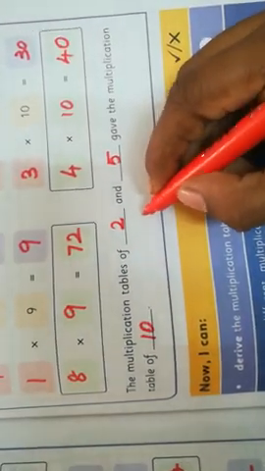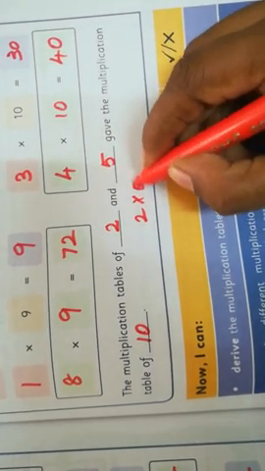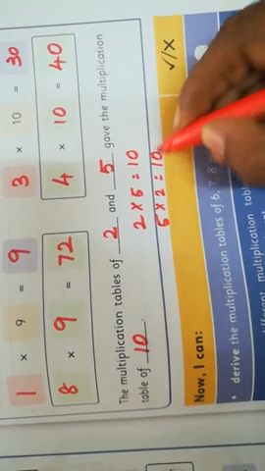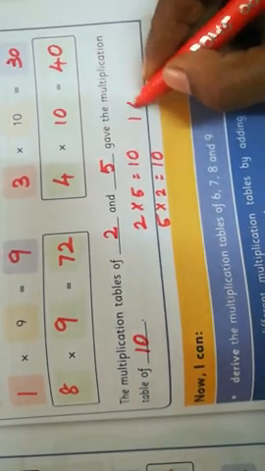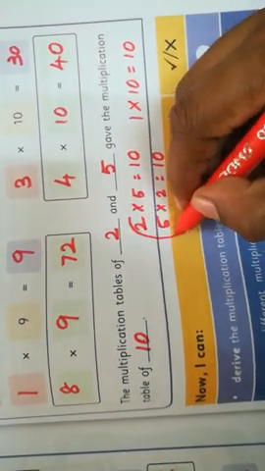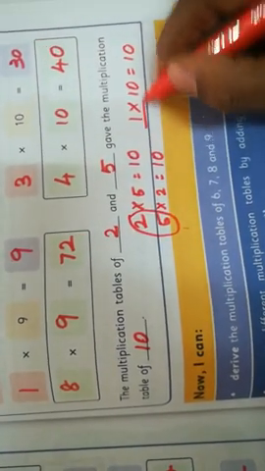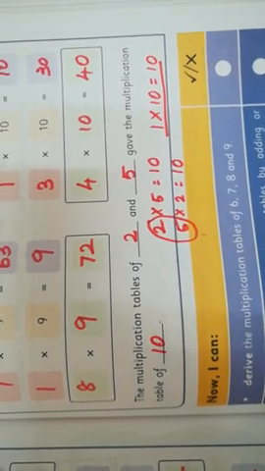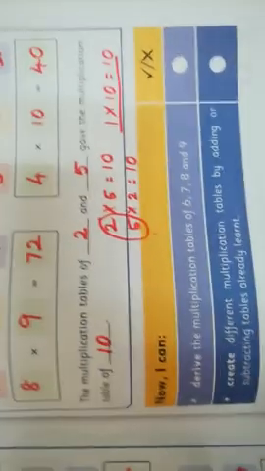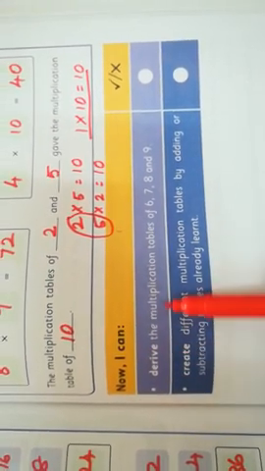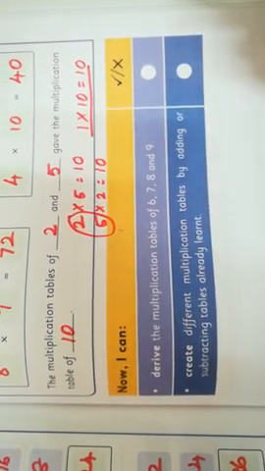For example, 2 5s are 10, 5 2s are 10. Here it will reflect as 1 10s are 10. See, 2 5s are also 10. Here 1 10s are 10. It is the answer for the sum. Till this, now you can derive the multiplication table of 6, 7, 8, 9.